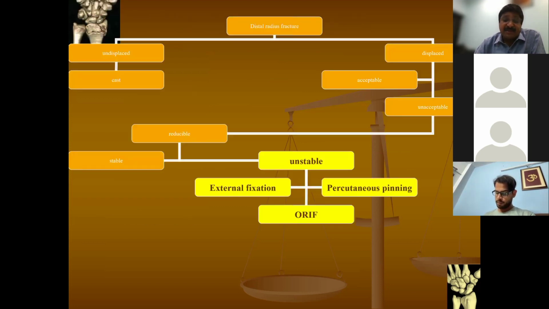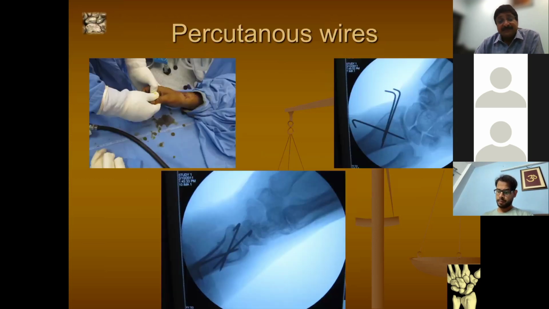In such unstable fractures, once you have reduced, you have to give stability, whether by external fixation, percutaneous pinning, or open reduction and internal fixation. So unstable fractures should be supplemented, otherwise you'll lose reduction.